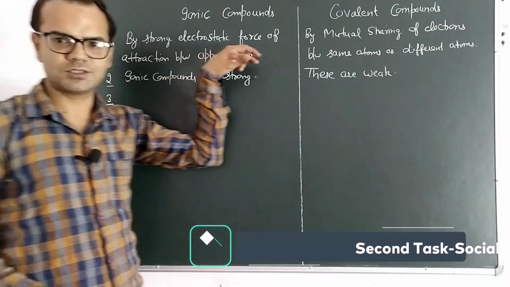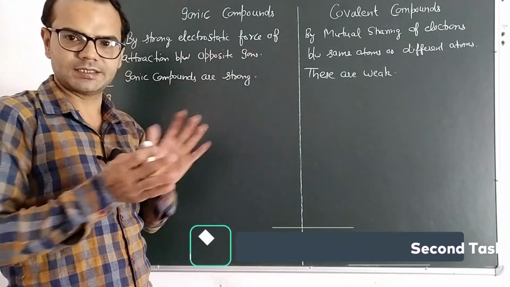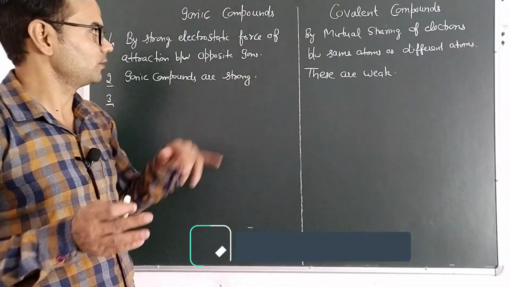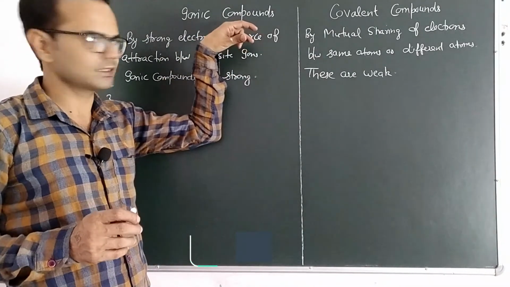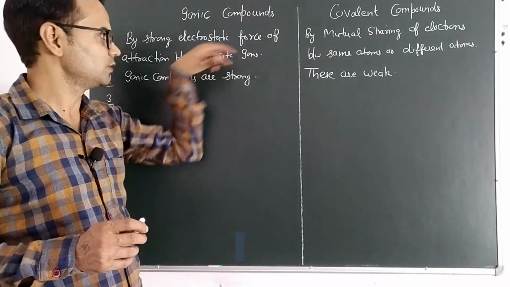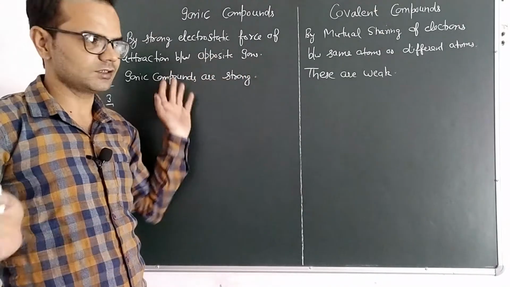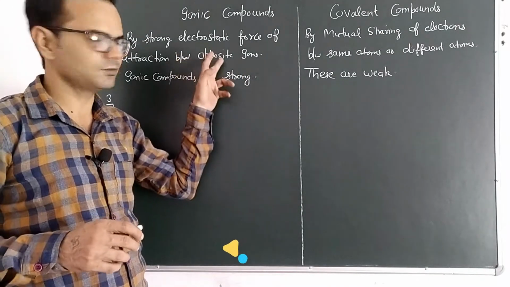The third point is, due to strong electrostatic force of attraction, ions are arranged in a systematic manner. They are closely packed, so the physical state of ionic compounds is solid, due to the systematic and close arrangement of opposite ions. That results in a crystal formation, a lattice formation.